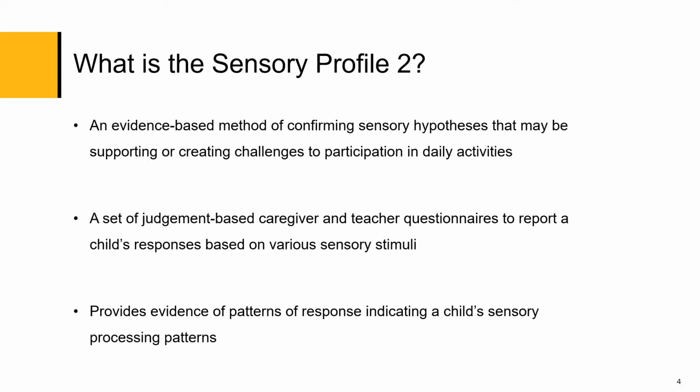It's an evidence-based method of confirming sensory hypotheses that may be supporting or creating challenges to participation in daily activities. It's a set of judgment-based caregiver and teacher questionnaires to support a child's responses based on various sensory stimuli, and it provides evidence of patterns of response, indicating a child's sensory processing patterns.